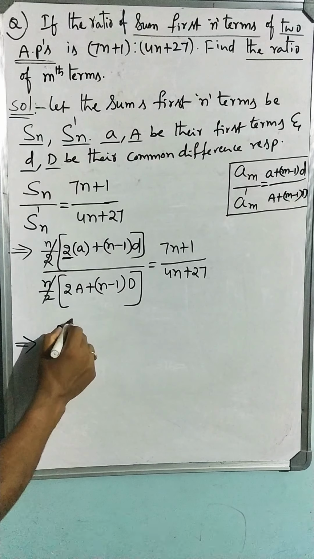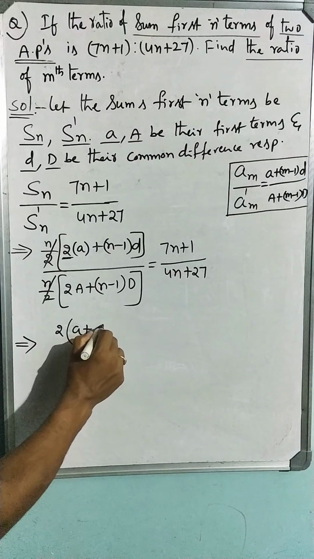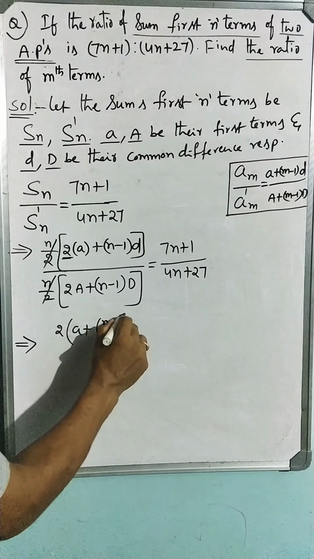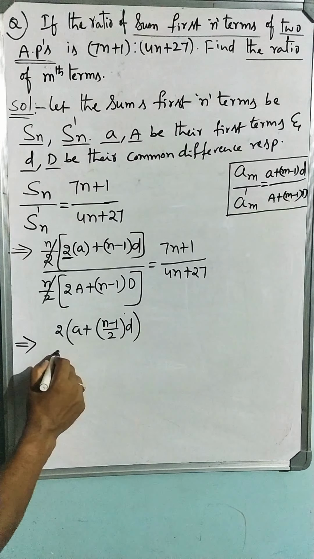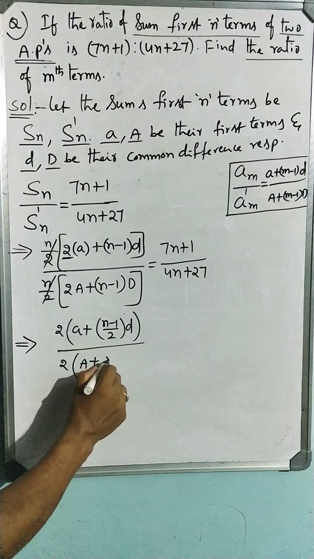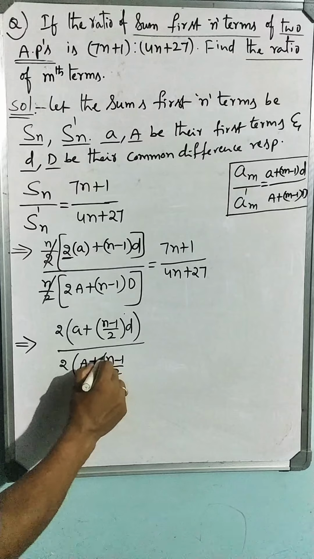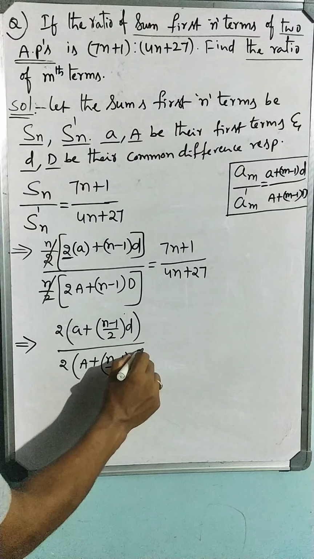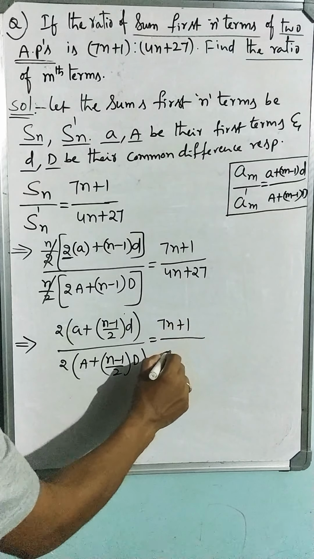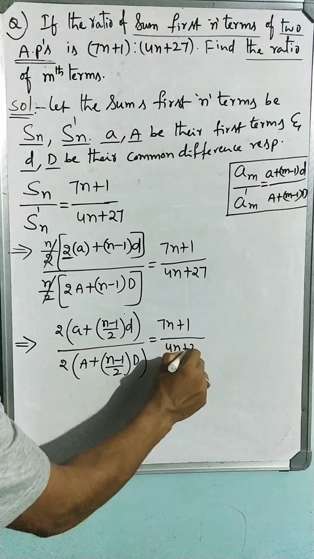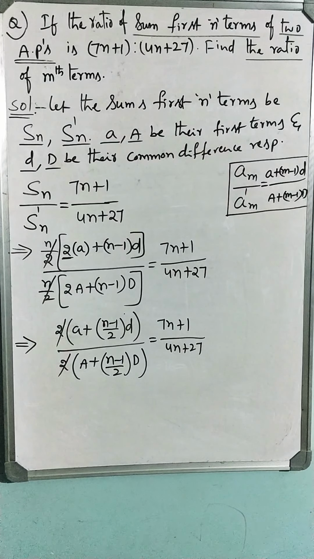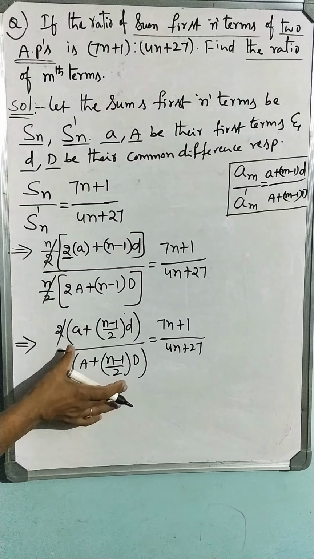If you take 2 common, a plus n minus 1 by 2 times d by capital A plus n minus 1 by 2 times capital D is equal to 7n plus 1 by 4n plus 27. 2 gets cancelled.